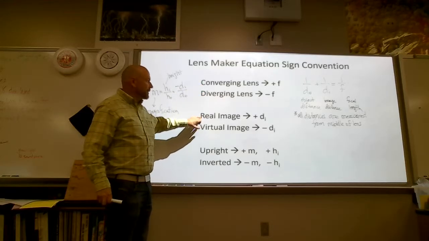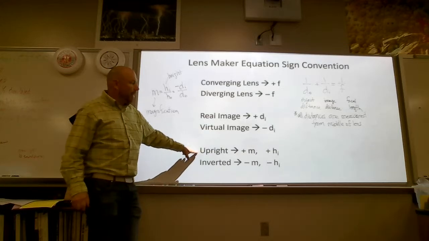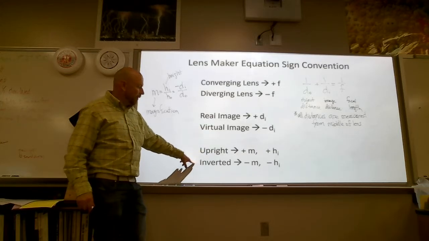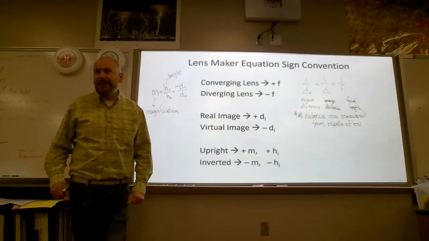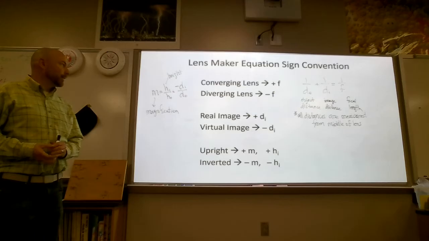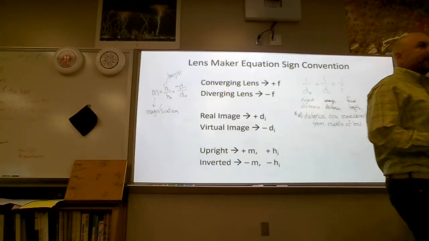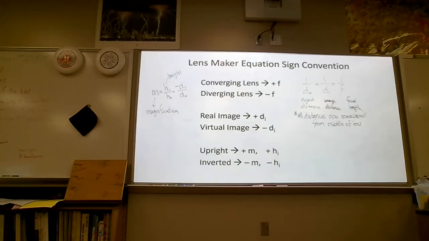A real image has a positive image distance, a virtual image has a negative one. If you're upright, you have a positive magnification and positive image height. If you're inverted, you have a negative magnification and a negative image height. This equation has a similar feel to total resistance in parallel: 1 over R equals 1 over R plus 1 over R plus 1 over R. Same type of thing. Use that reciprocal button like crazy.